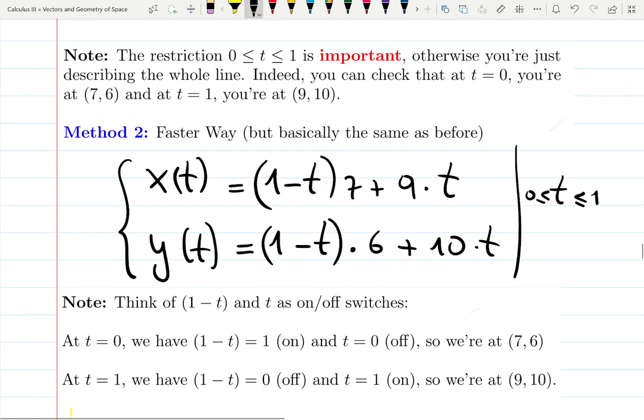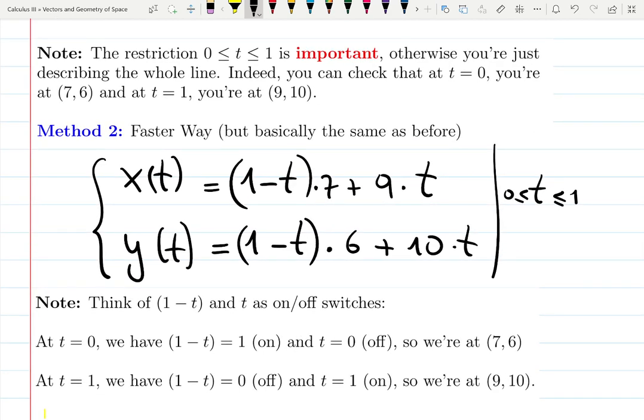This is easier because you did not do any additional calculations. This is how many people see it. It's the same thing we just did, but without simplification. If you multiply 7 by 1 minus t plus 9t, it would be 7 plus 2t, which we had above. But here it's interesting. 1 minus t and t are used as a switch on and switch off. And it's a very computer science mindset.